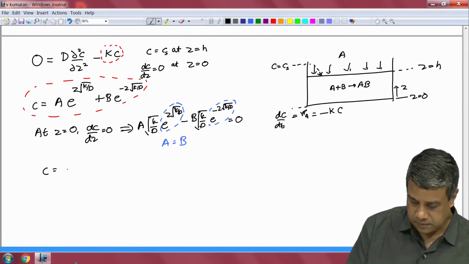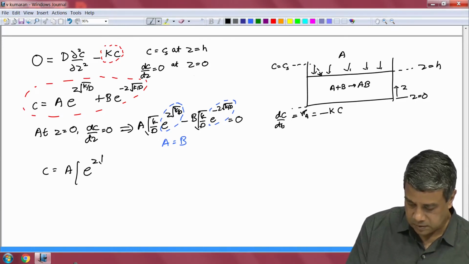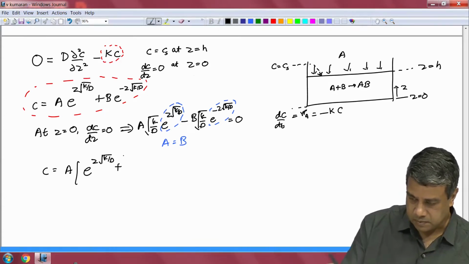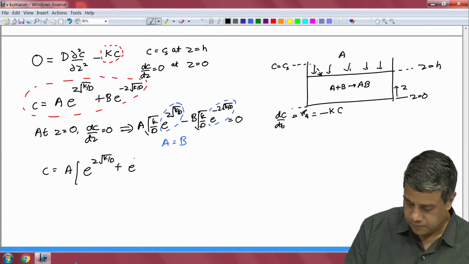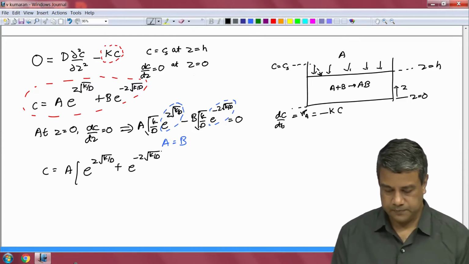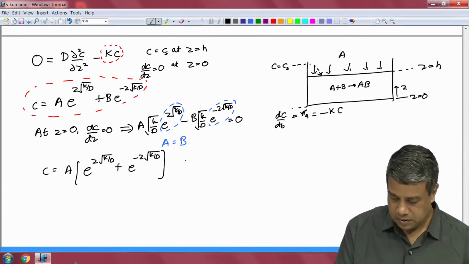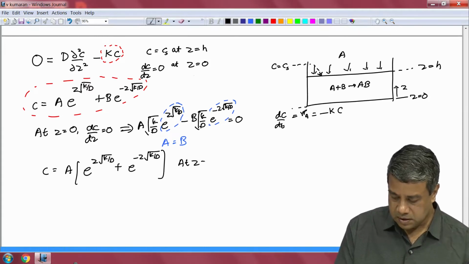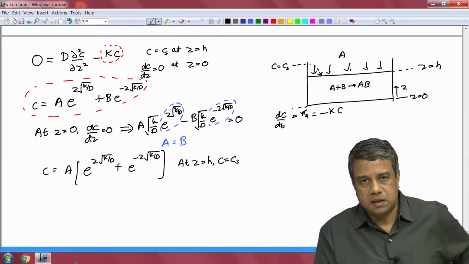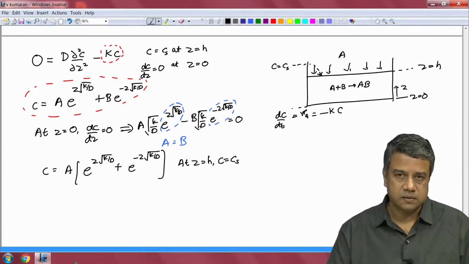C is equal to A into e power z root of k by D plus e power minus z root of k by D, and A is determined from the condition that at z is equal to h, C is equal to Cs.